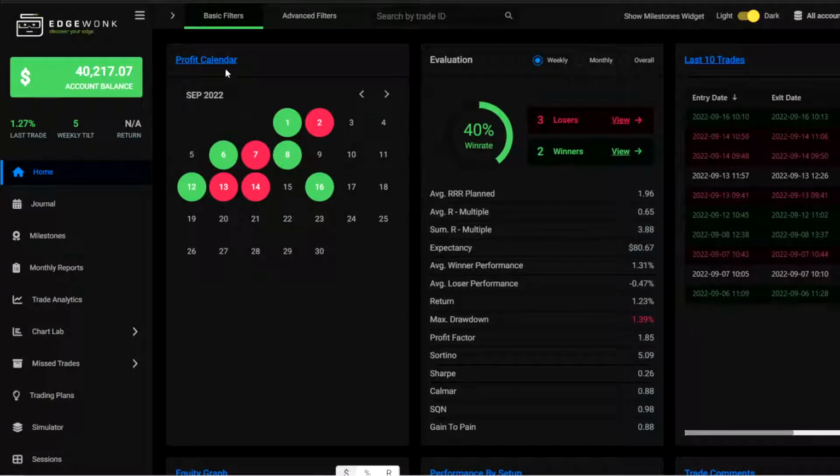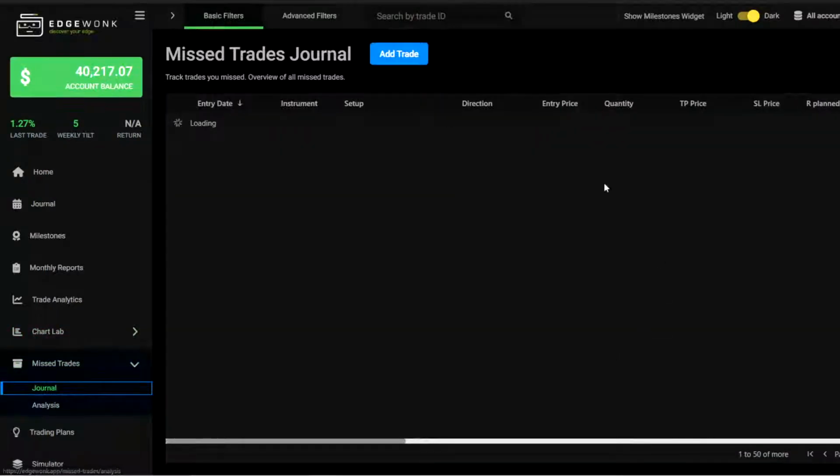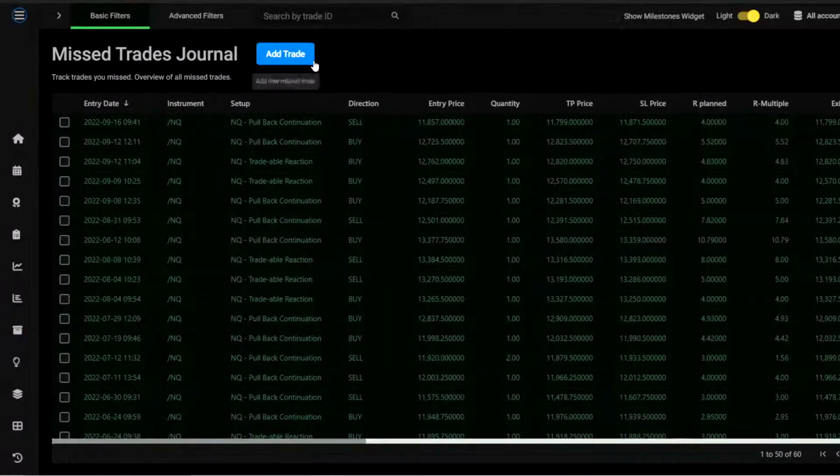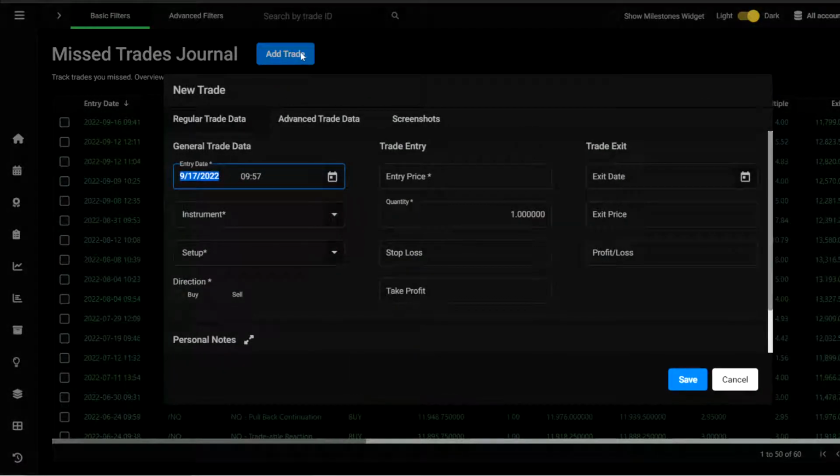So this is the H1, and I go here to missed trades, right? Get rid of this, add trade, and then I record the trade. So this was the 15th, right? Yes. So this is the missed trade file, 15, and this would have been 10, 11.